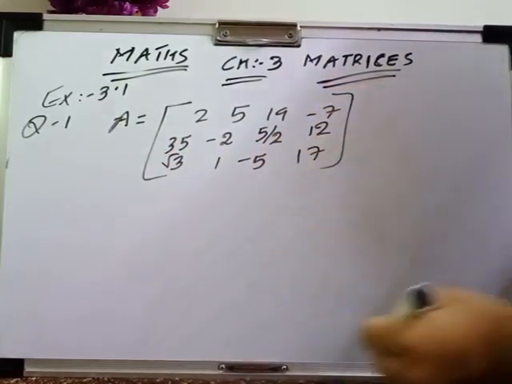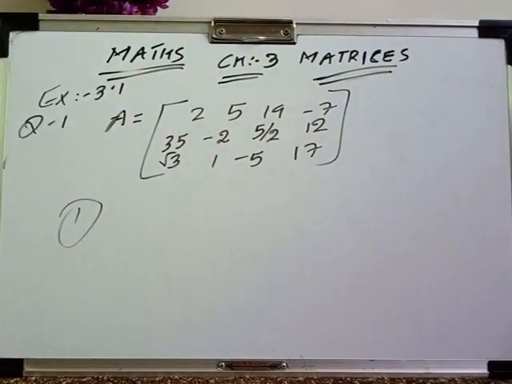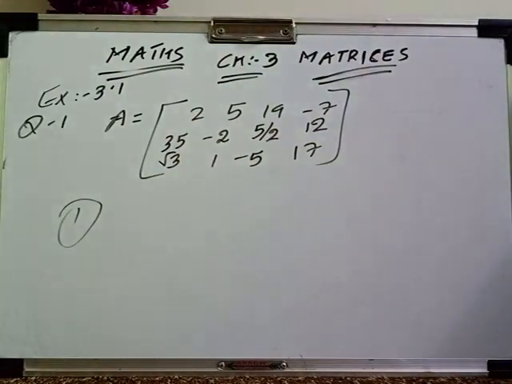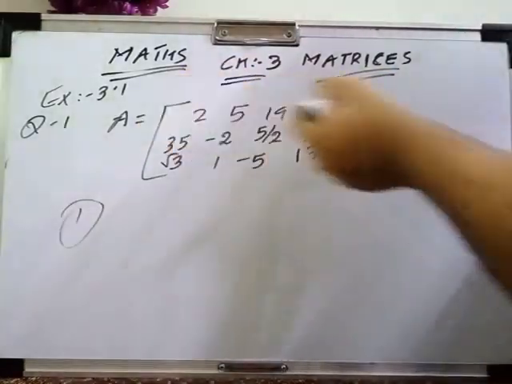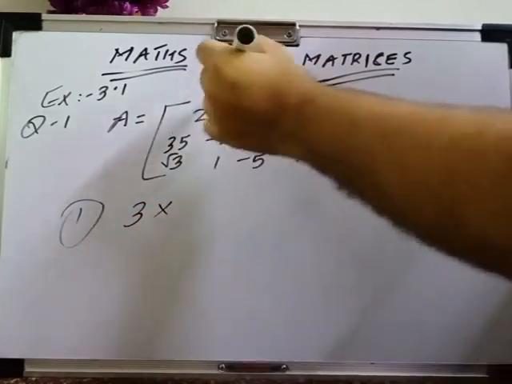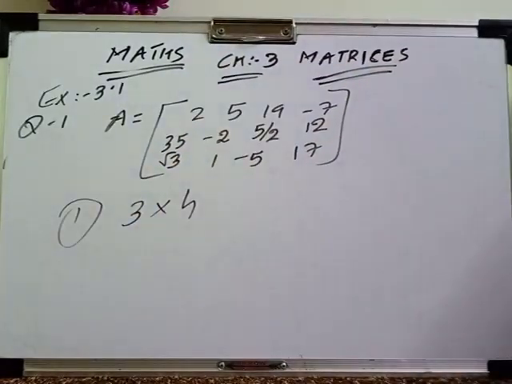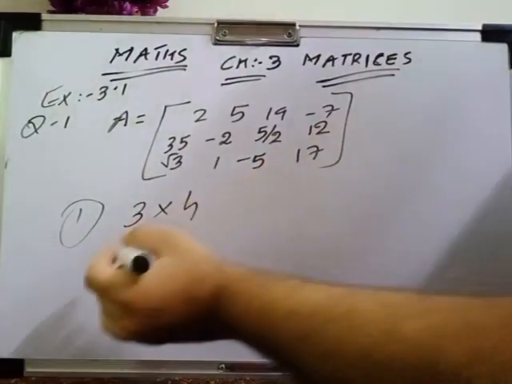So this is the given matrix, and the very first question is you have to write the order of this matrix. So if I count the number of rows, then it is 3, and the number of columns, then it is 4. So the order of this matrix is 3 cross 4, right?